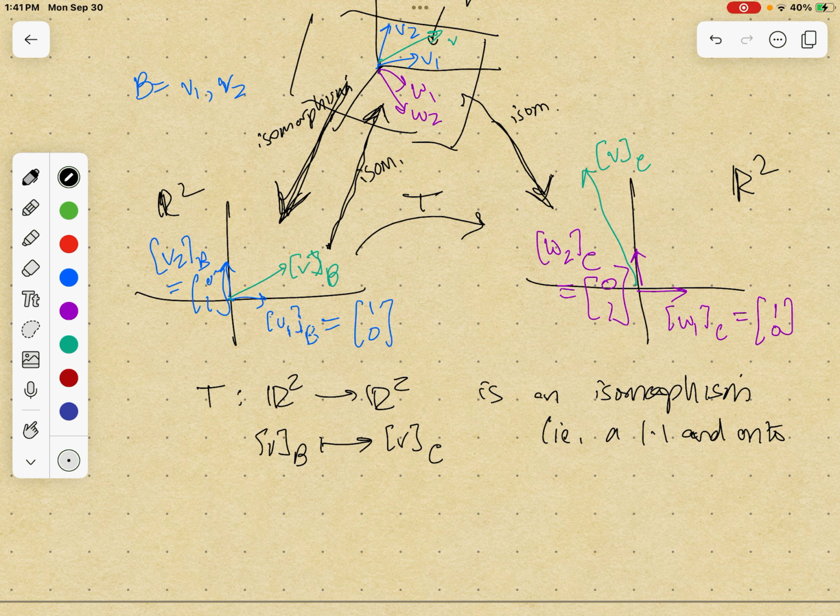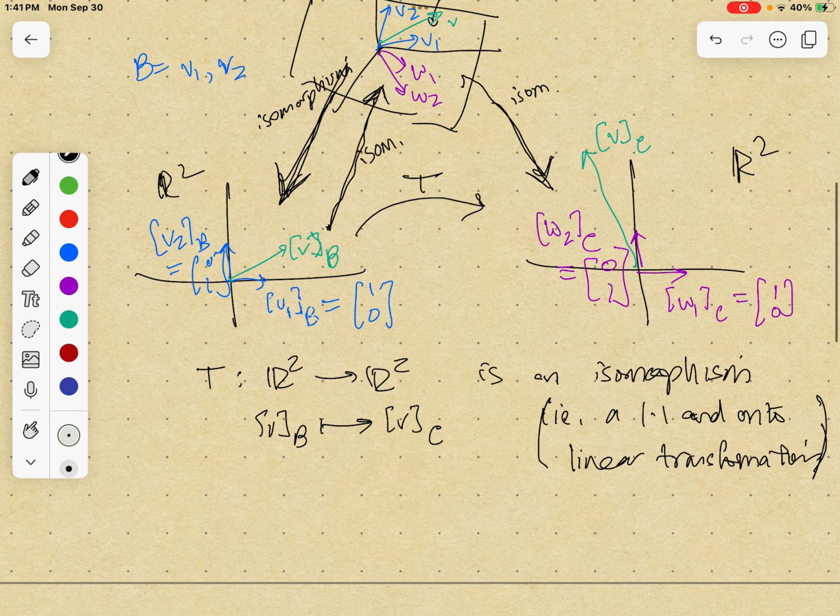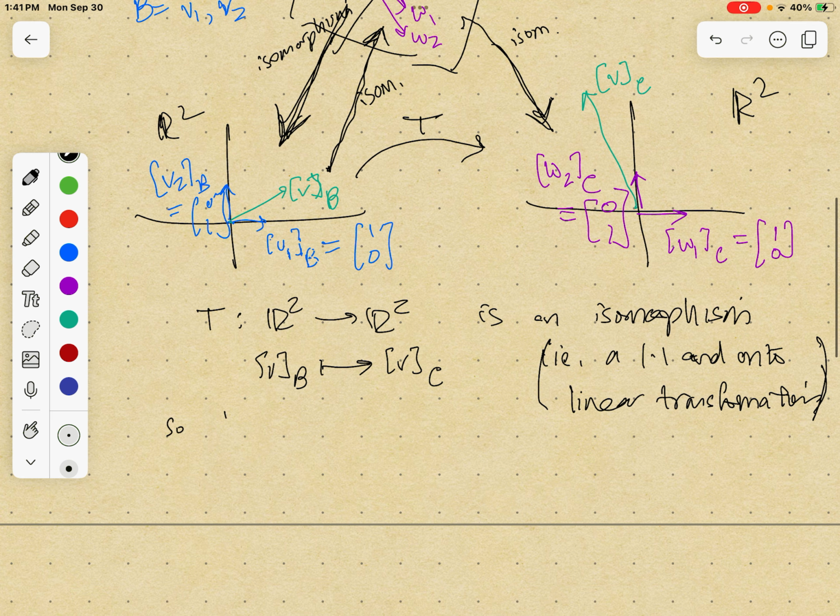In other words, an invertible linear transformation. And when you have an invertible linear transformation from Rn to Rn, it's given by an invertible matrix. So there is a matrix associated with T.